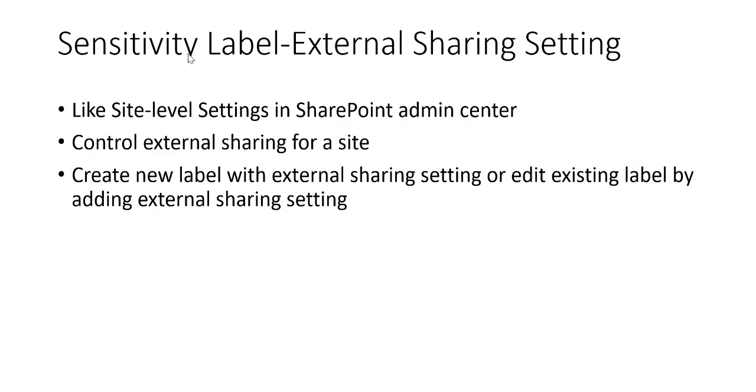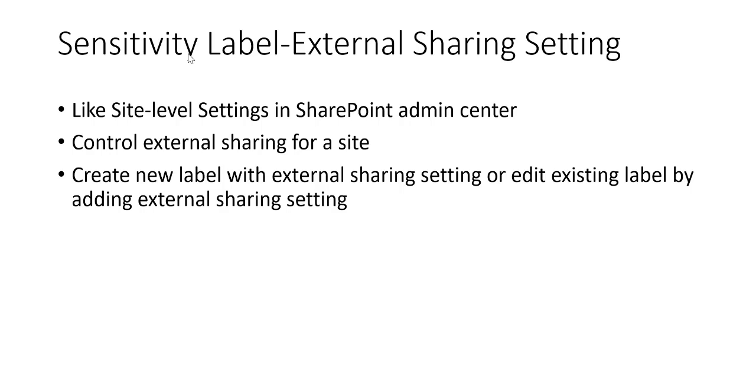Now the new update, sensitivity label to control external sharing in a SharePoint site's files and folders, is similar to site level settings. Now the external sharing setting is included in sensitivity labels. By default, these settings are disabled in existing sensitivity labels.